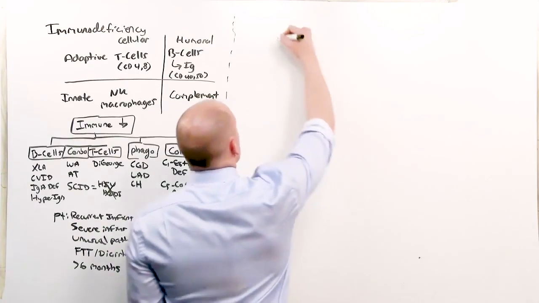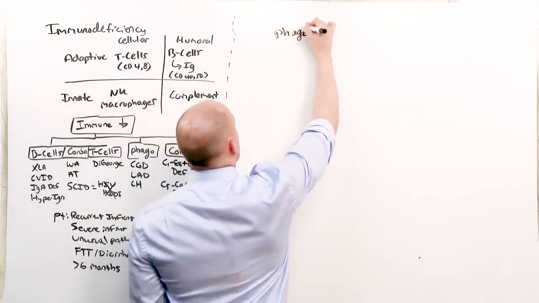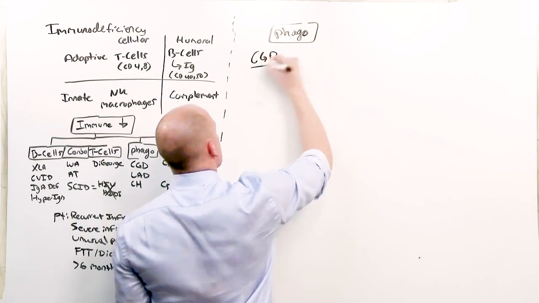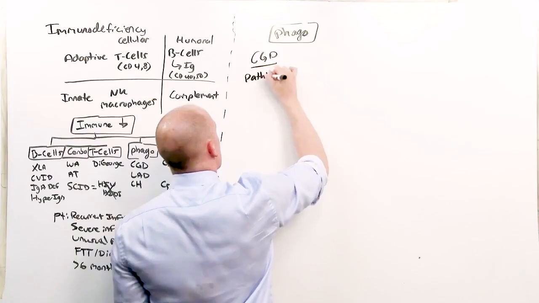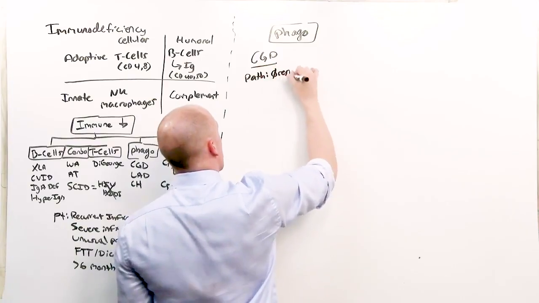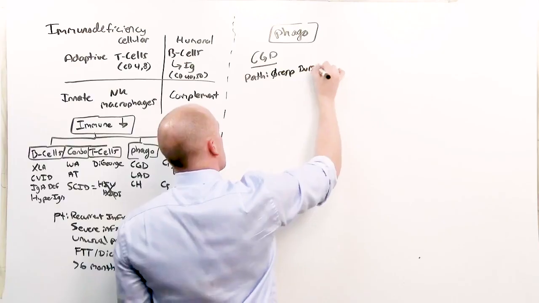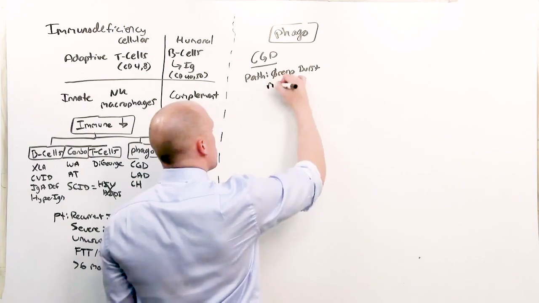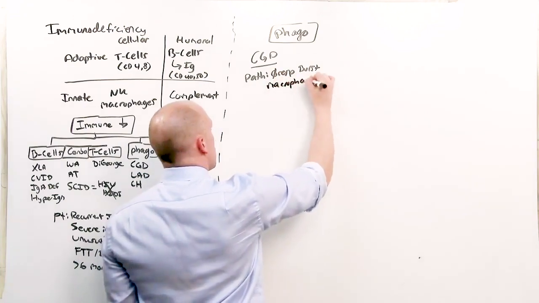We talk about phagocytosis. We're going to talk about chronic granulomatous disease. In chronic granulomatous disease, there's no respiratory burst. It's a problem of macrophages. That is, macrophages are able to phagocytize.